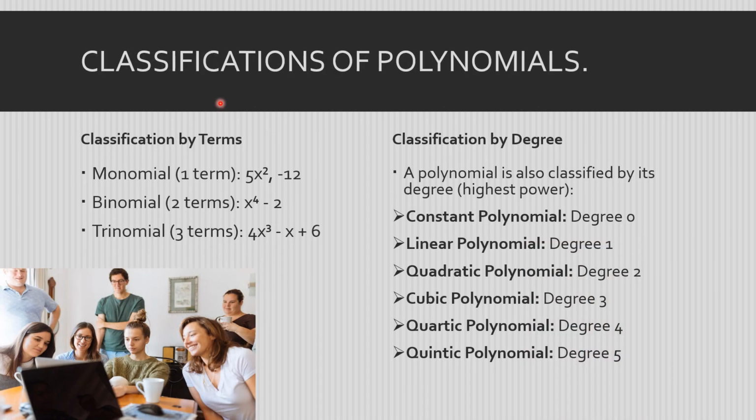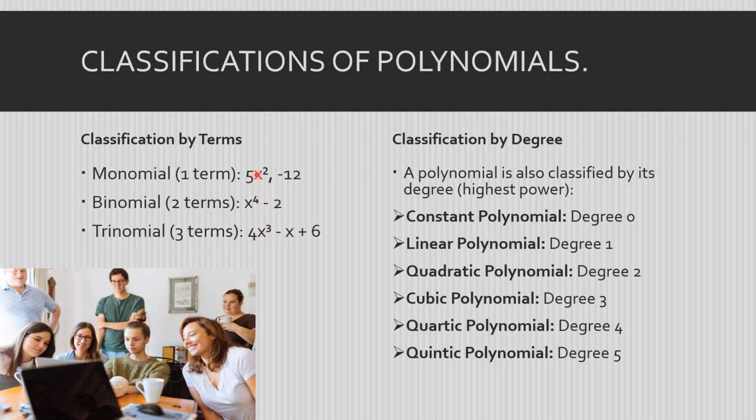Let's have a look at how we classify polynomial functions. So we are on classification of polynomials. We classify polynomials based on the number of terms or the degree of the polynomial. If we have only one term, we call it a monomial. Two terms will be a binomial. Three terms will be a trinomial, as you see here.